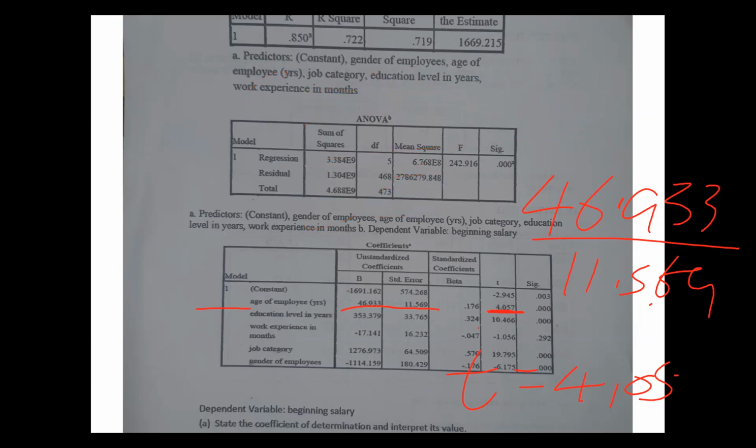The t statistic is used like a z statistic. Let's say at a 95% confidence level, the significance level is 0.05, that is 5%.